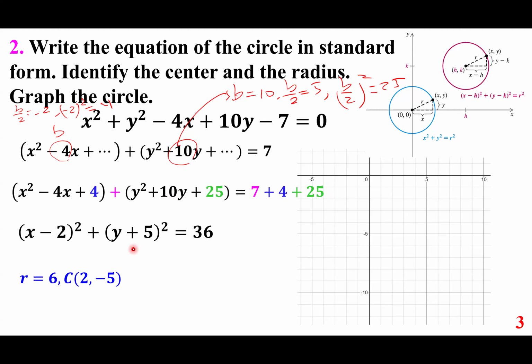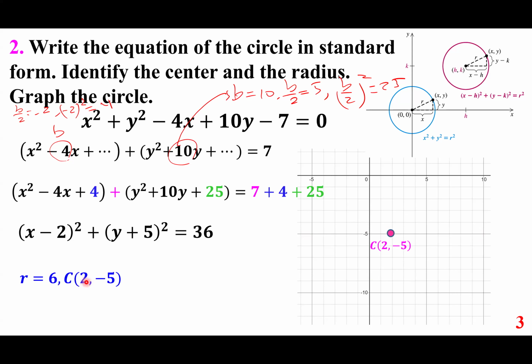So here's (0, 0), everybody. We go 2 to the right, 5 down. That's the center. Now, from the center, I'm going to go to the left and right by r units.